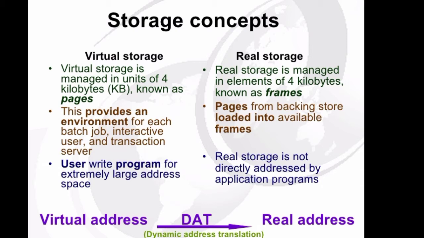And real storage is managed in elements of 4 kilobytes known as a frame. Pages from backing store are loaded into available frames. Real storage is not directly addressed by application programs. That is known as the storage concept. Virtual storage and real storage are different from each other.